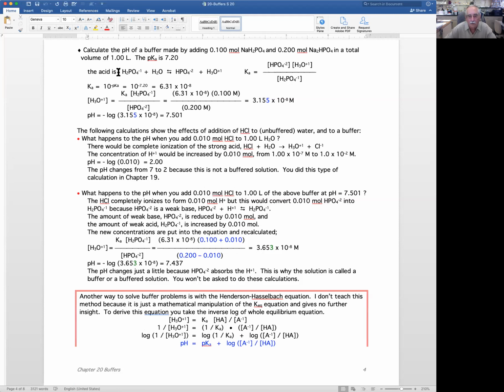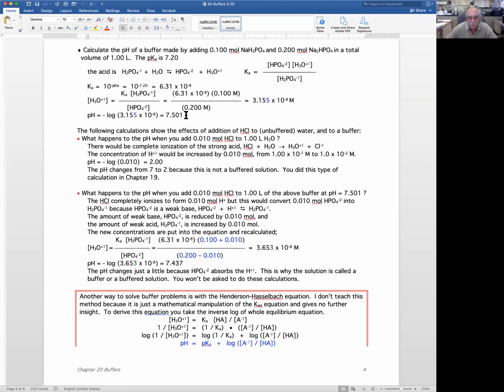I put it in water, 1 hydrogen comes off. Here's the equilibrium constant, products over reactants. I take the pKa, convert it into the Ka. So I solve for the hydronium ion, plug in all my numbers. There's the concentration of hydronium ion. The negative log of that is 7.501. As we'll see in a little bit, this is one of the most important buffers in your blood.